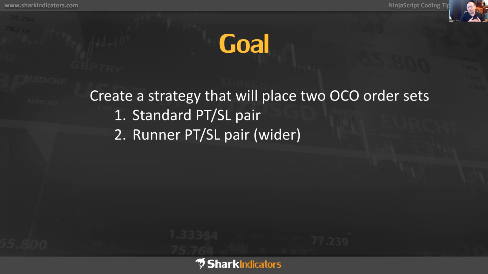The idea is that you put a narrow OCO on with another set that's a little wider, like a runner. Imagine you're building a strategy and your idea is to put something on that's a little tighter, maybe how you normally trade. And then you have another pair that's a little wider to capture really large movements. So how can we go about doing that?